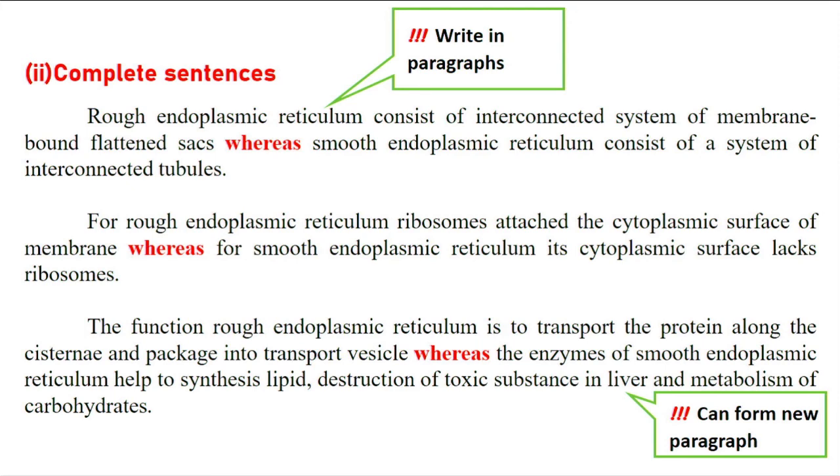Don't forget to write down comparative words. If there is no connector, for example, whereas, no mark will be given. Make sure, class, you write in paragraph. If the sentence is too long, you can break it into several paragraphs.